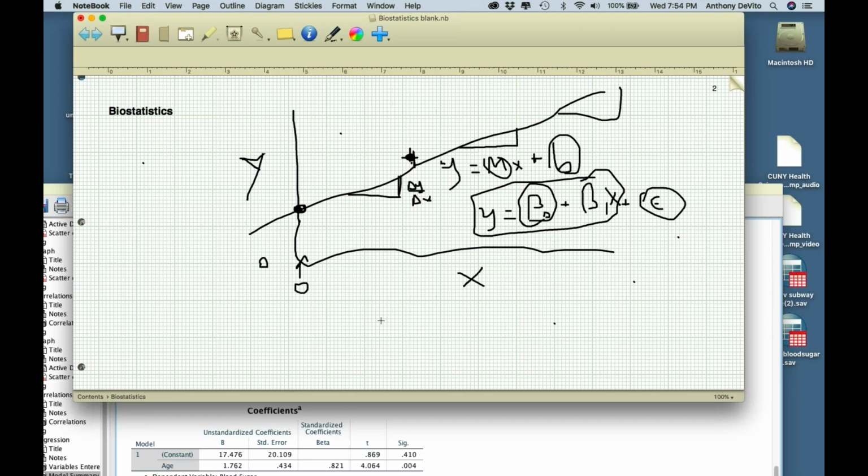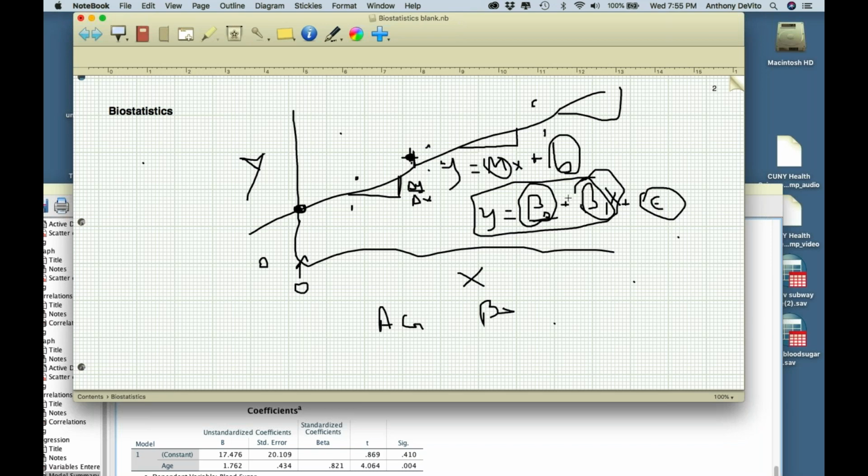Now, if I want to see the relationship between age and blood sugar, I need to know what the values are for b0, the y-intercept, and for the slope, for this best fit line. This line that best fits all these values represented by all the subjects here.